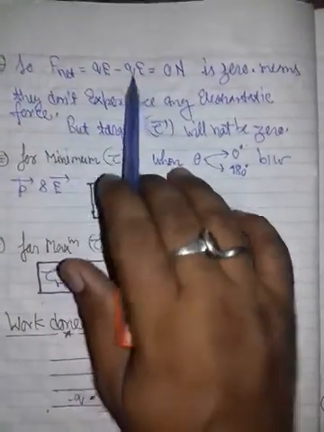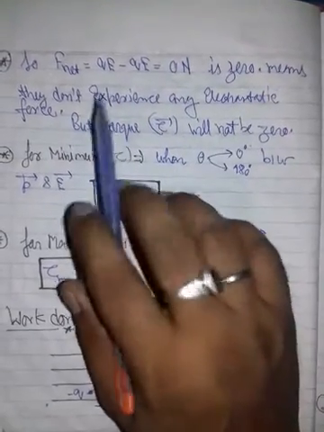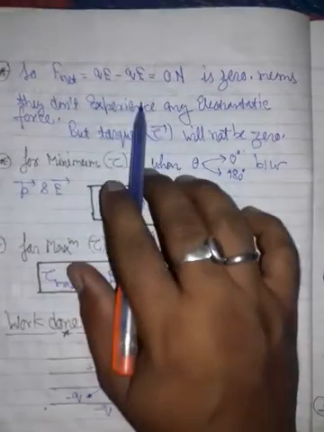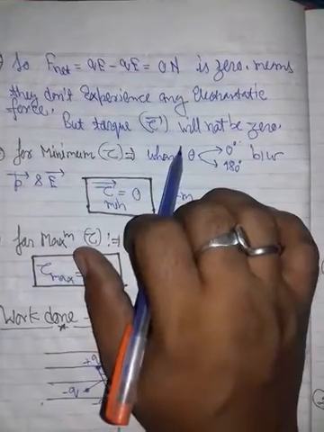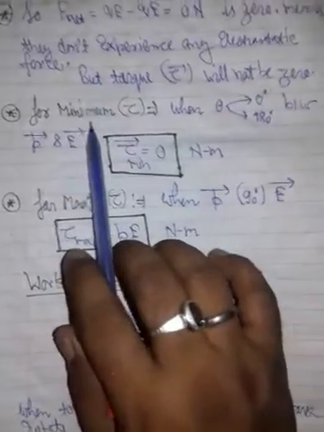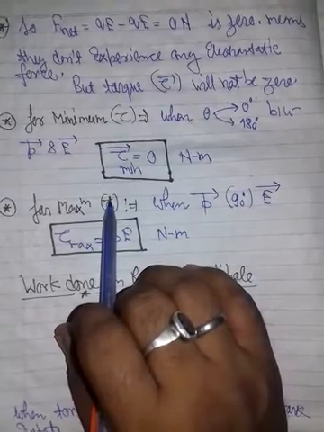So in this condition, the net force experienced is equal to 0, but the electric dipole experiences a torque which is not equal to 0. Now we talk about the minimum and maximum torque experienced by an electric dipole.